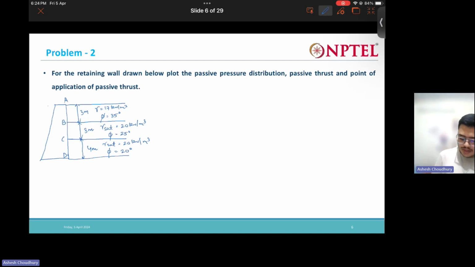Okay, so this is the figure. So there are three layers, and all three layers actually have different K values, and we need to find the passive thrust, not the active, the passive pressure.